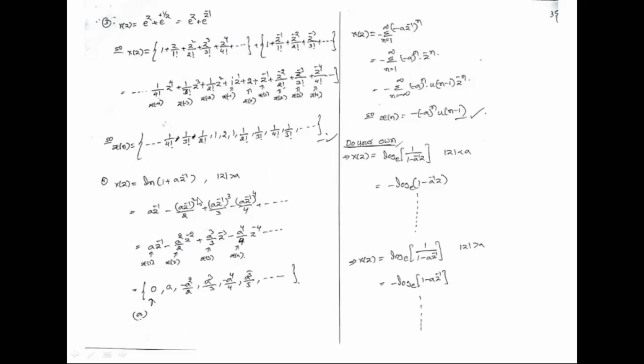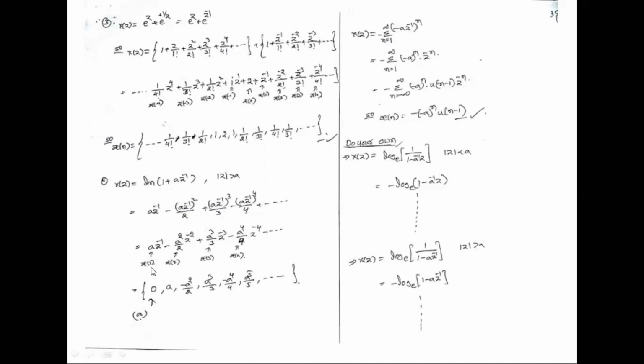Okay. Now instead of x, there is a z inverse. A z inverse minus a z inverse square by 2 plus a z inverse cube by 3, plus minus, alternately the minus is there, and a z inverse full power 4 by 4, and so on. See, these are all negative powers.